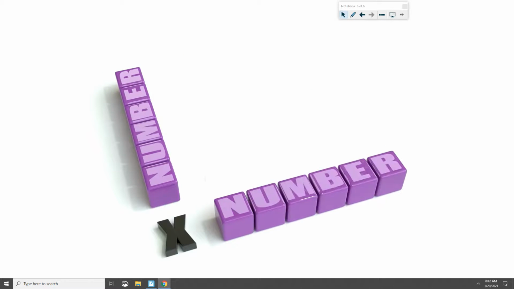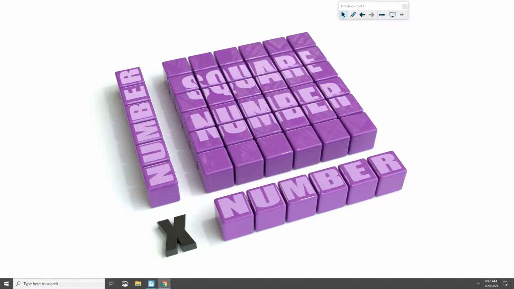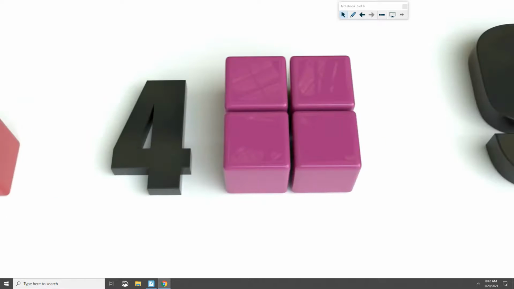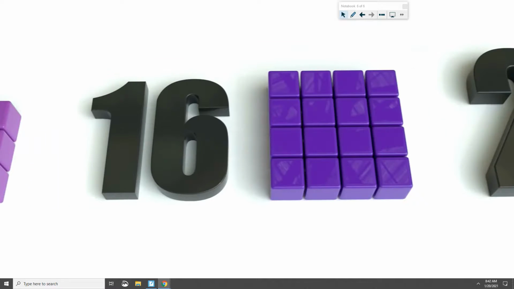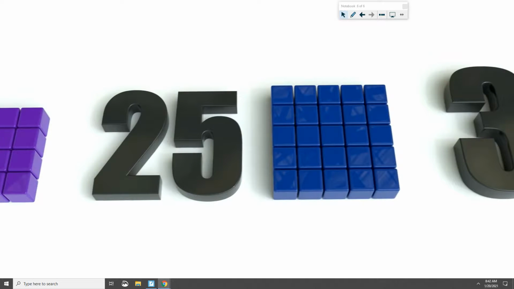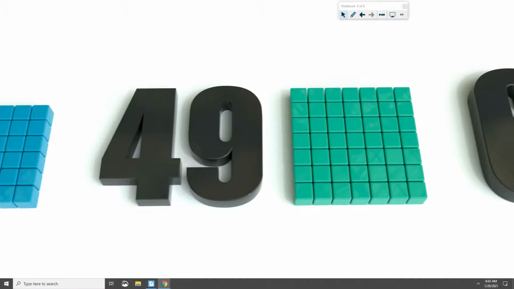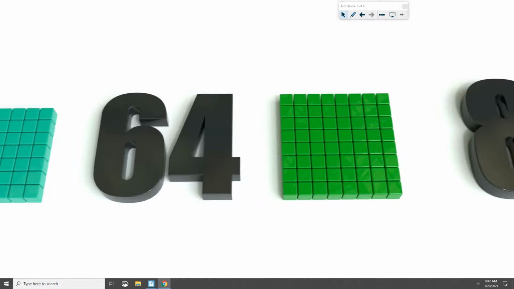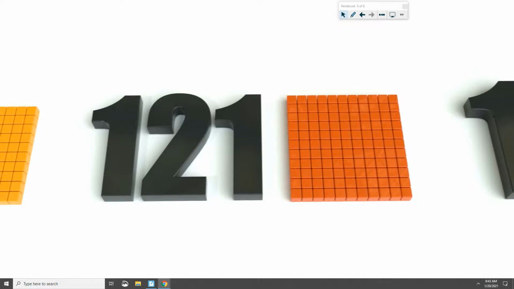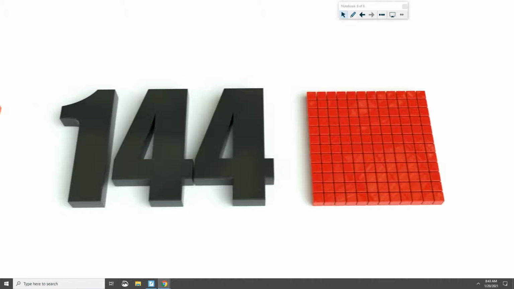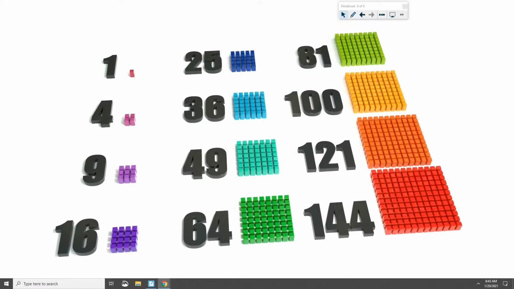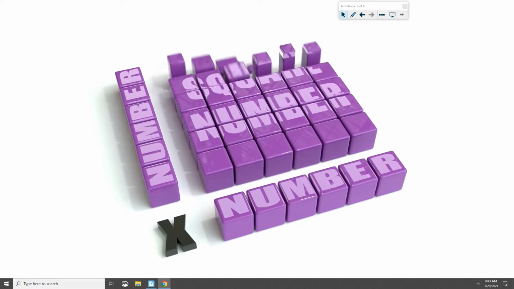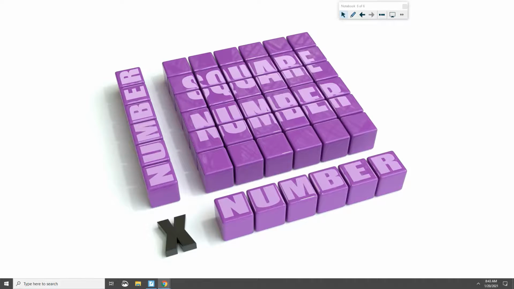Multiplying numbers by yourself, you get a square number. 1, 4, 9, and 16. 25, 36, and 49. 64, 81, 121, 144. We call them square numbers: multiply a number by itself, you get a square number.